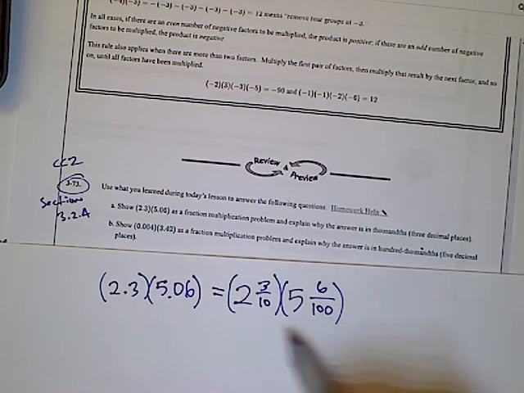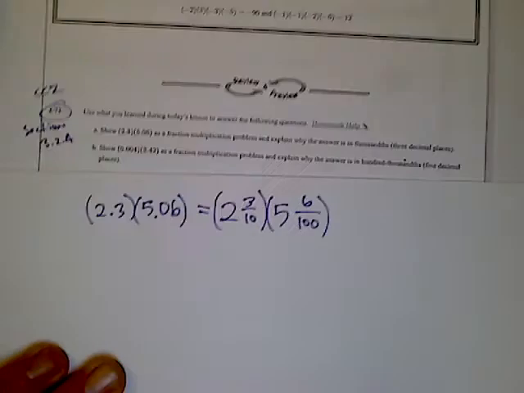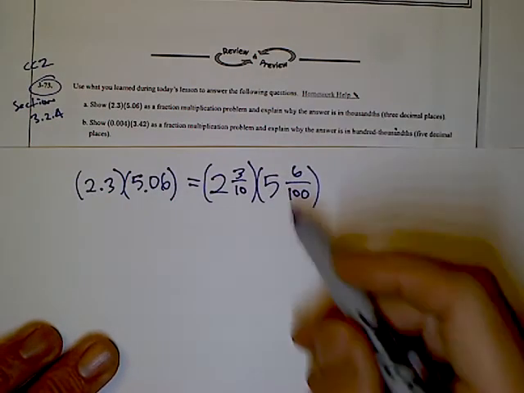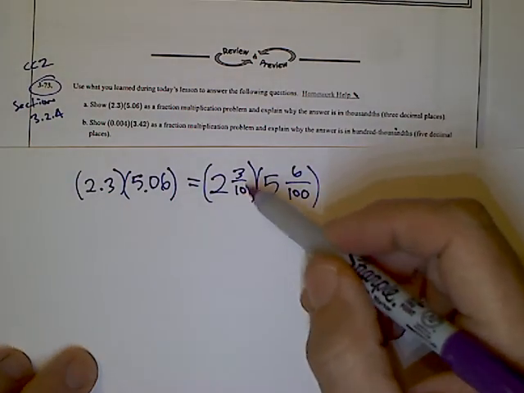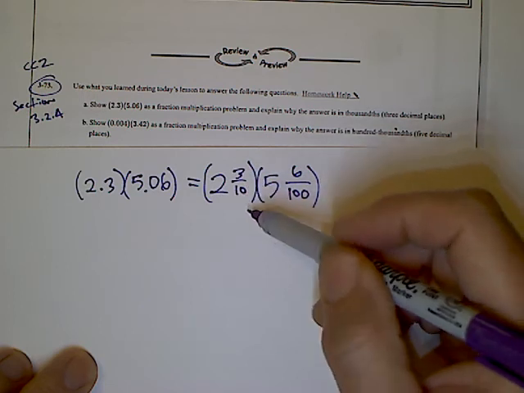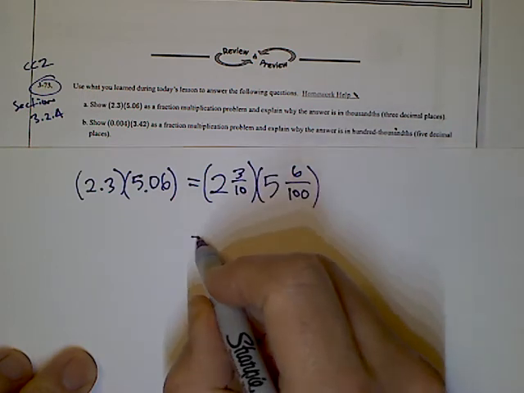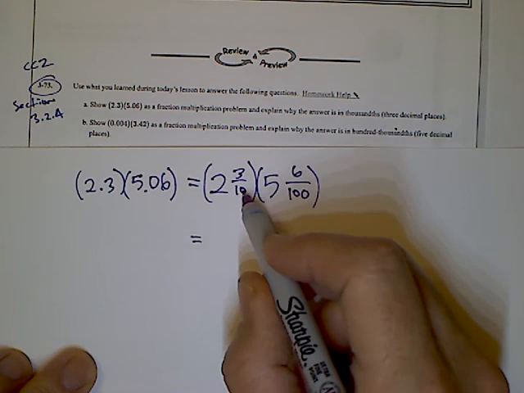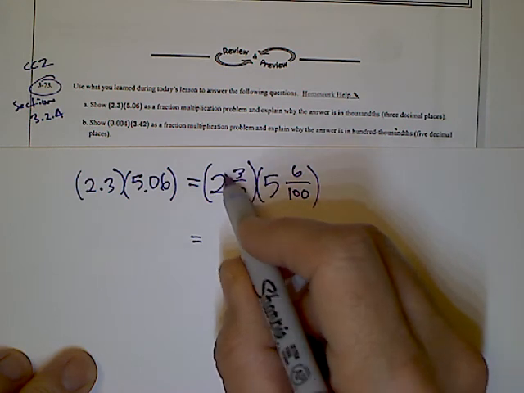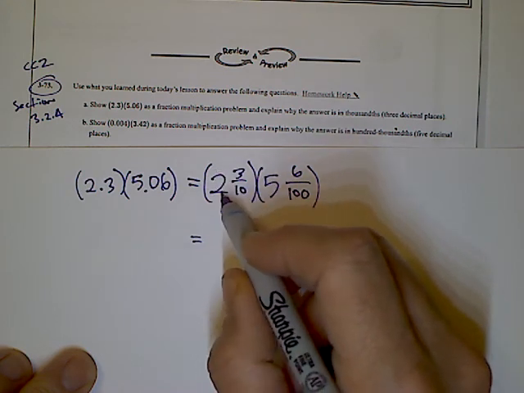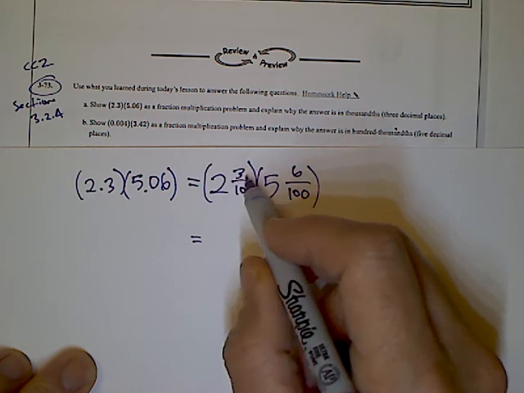In order to multiply these two fractions, they're currently in mixed number form. We need to put them in fraction form. We take the denominator times the whole number, add it to the numerator, and that becomes our new numerator.